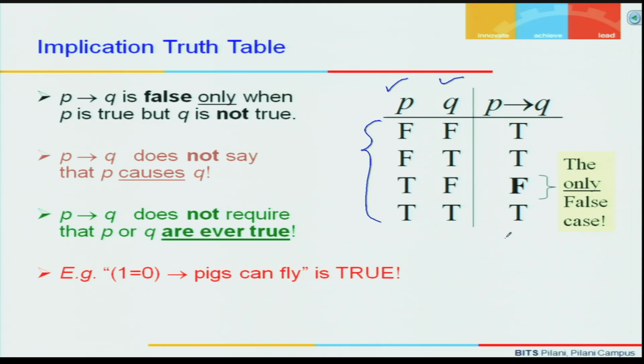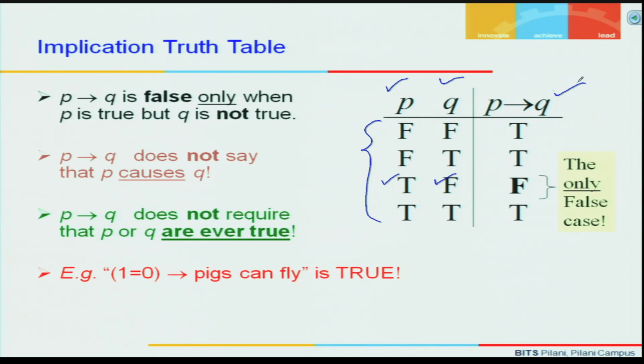So if you see it, the only false case for this operator is when P assumes true and Q assumes false. Only then will this compound statement, P implies Q, be false. In all other cases, irrespective of the P and Q values, this statement takes the truth value true.